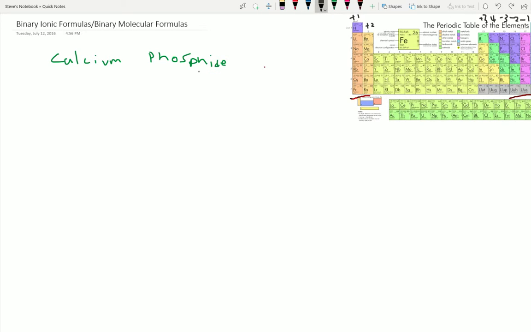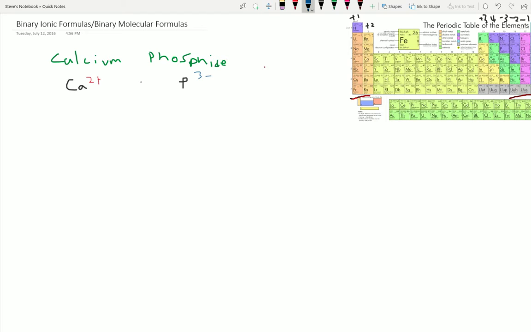So the first step to make it into a formula is writing down the symbols for each thing. Calcium is Ca, phosphorus is P. Next step is writing down the charges. Calcium has a 2 plus charge. Phosphorus has a 3 minus charge.